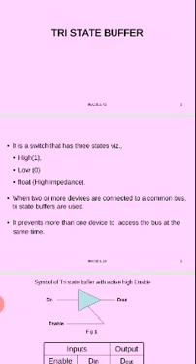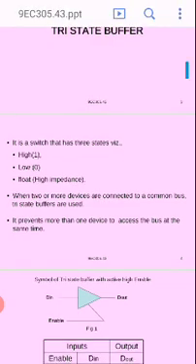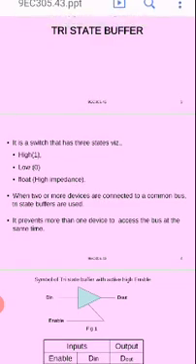Buffer means temporary storage device or temporary storage element, that is called as a buffer. We can save 1 bit, that is called as a buffer.